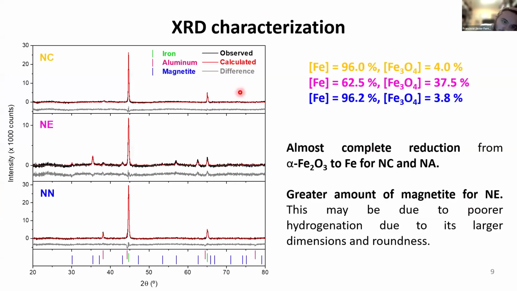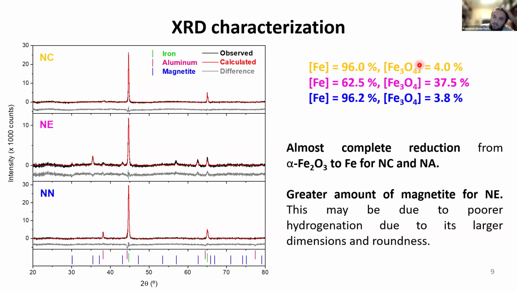And we observe how for the nanocubes and the nanoneedles, almost all the hematite has been completely reduced to iron, with only about 4% of magnetite. We don't have any hematite. However, for the nanoellipses, we only have about 60% of iron and the rest is still magnetite.